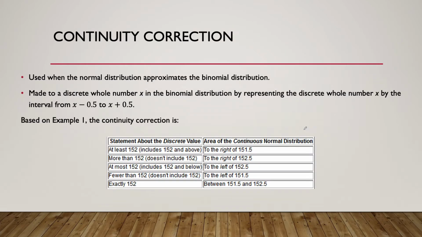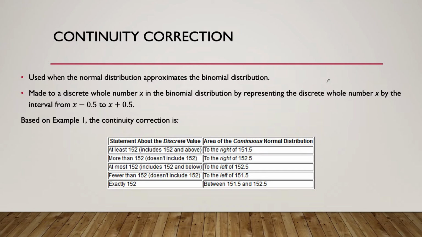But this continuity correction is used when the normal distribution approximates the binomial distribution. It's made to a discrete whole number x in the binomial distribution by representing the discrete whole number x by the interval from x minus 0.5 to x plus 0.5, which is the same thing that we just did in this last example.